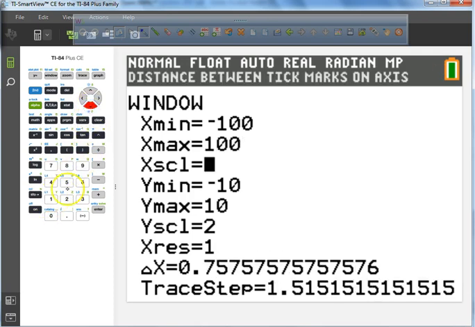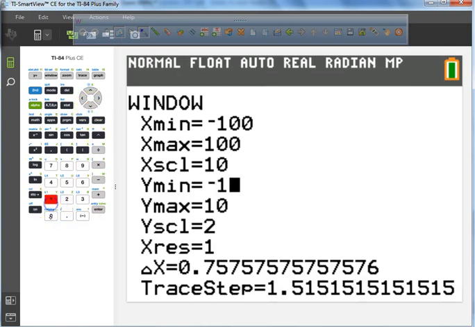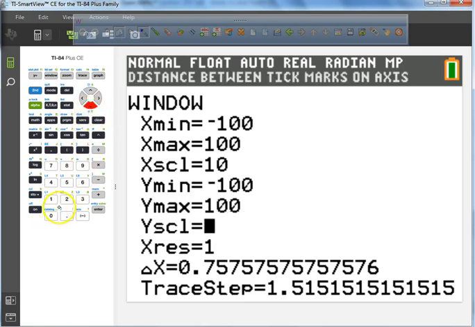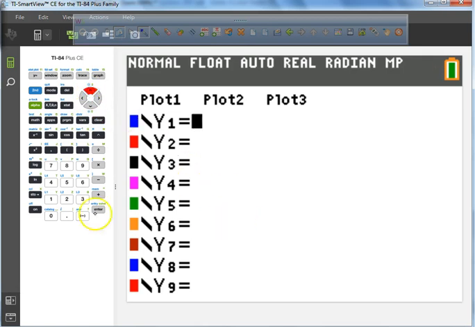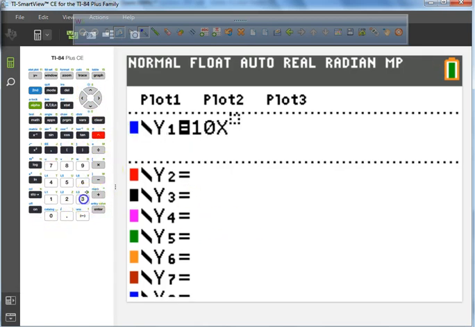I'm going to count by tens. Go from negative 100 to positive 100, scale it by 10, go to y equals, and figure out this function. All right, so we have 10, then it's x to the third.